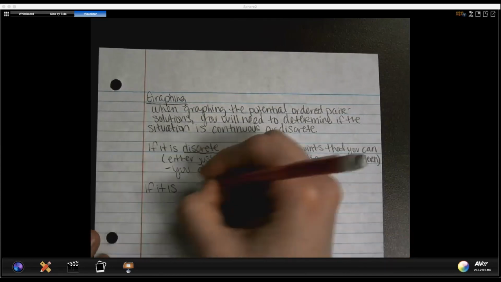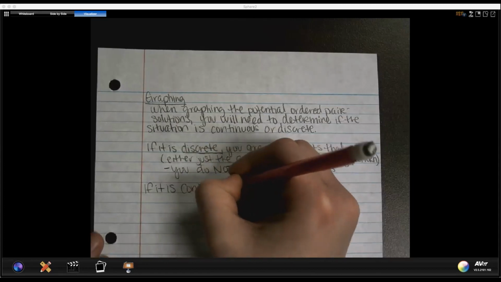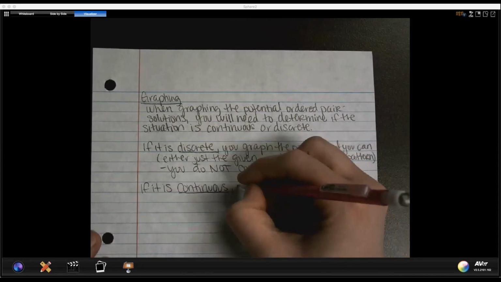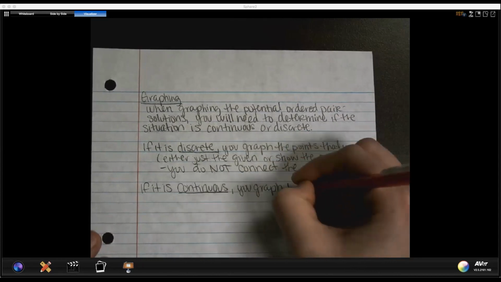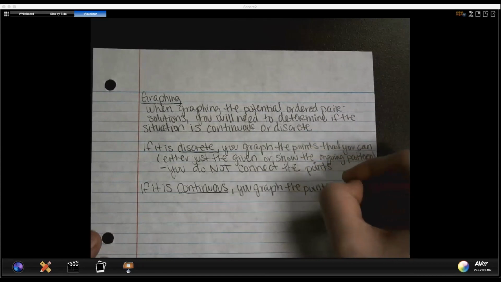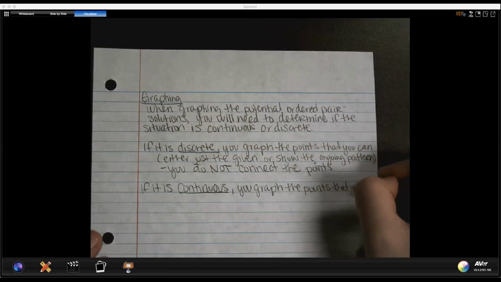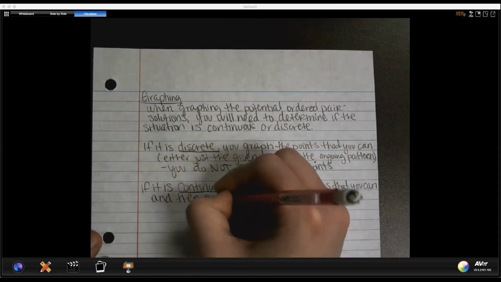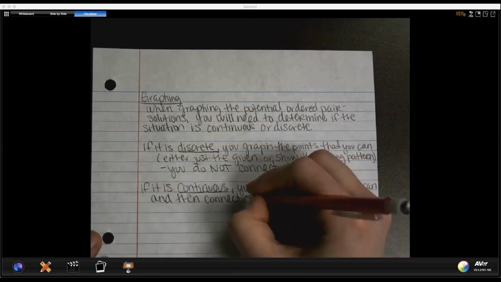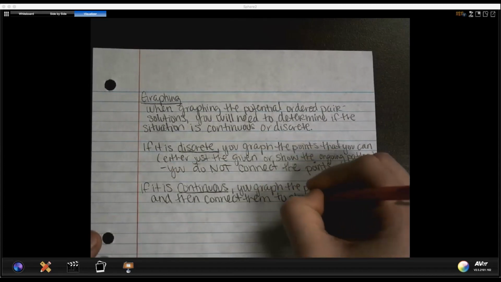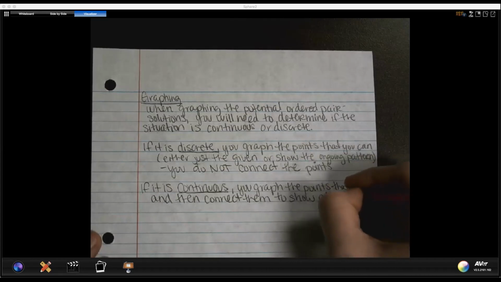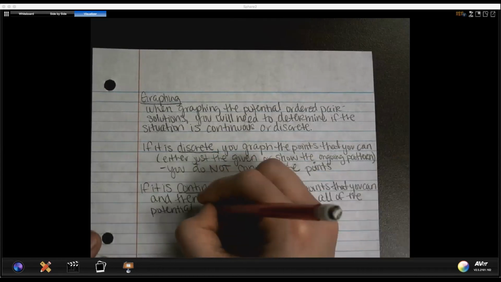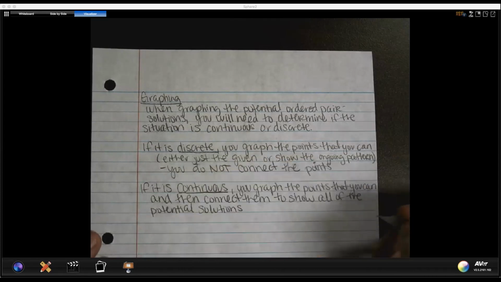If it is continuous, you graph the points you can, and then connect them to show all of the potential solutions in the situation.